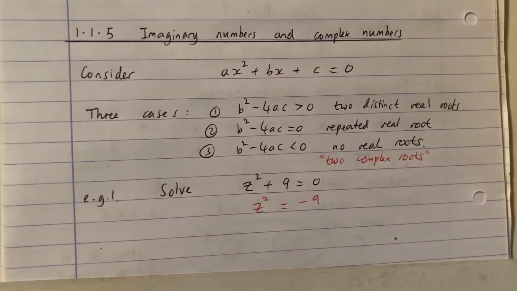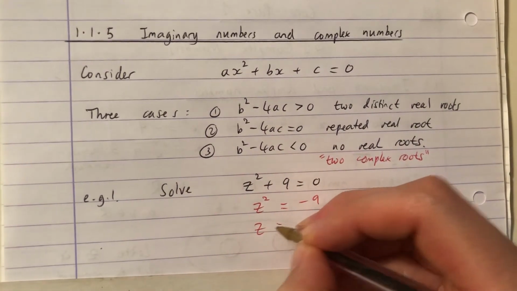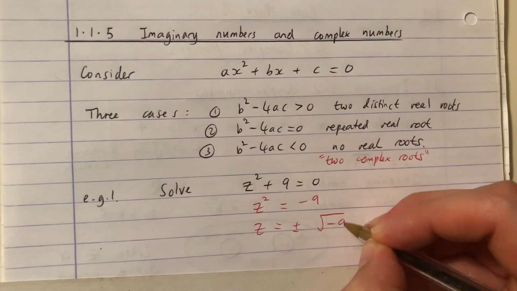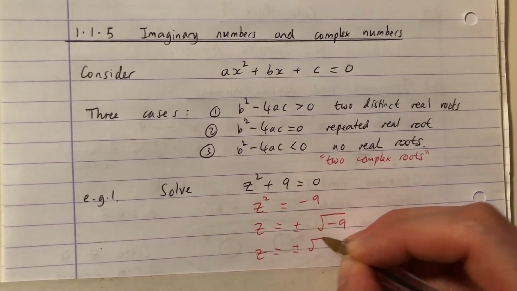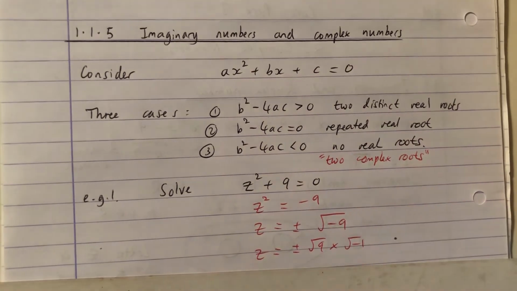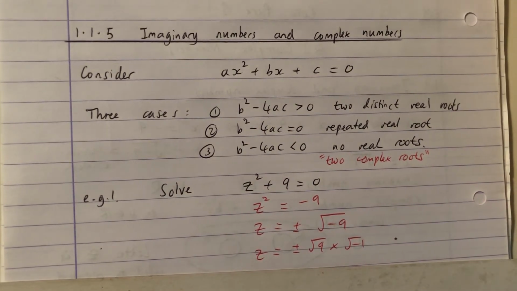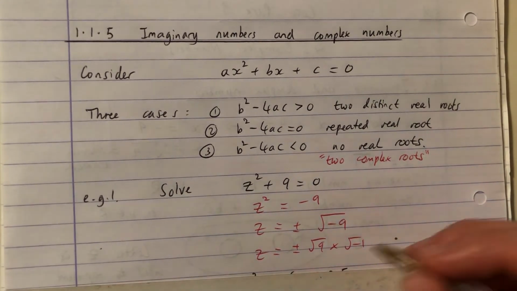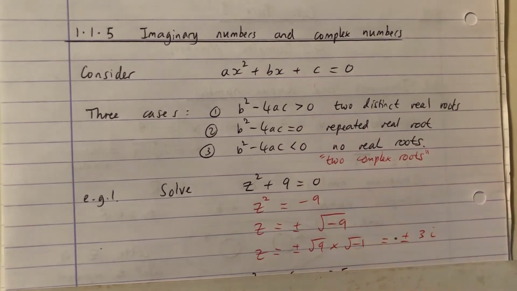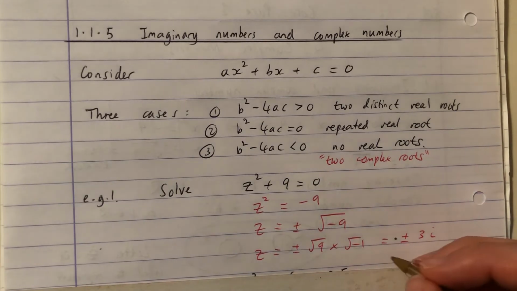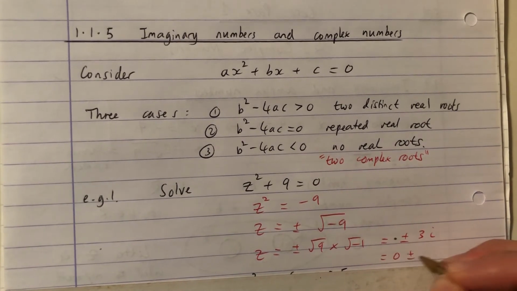Solve the equation using the same techniques as before. Make z the subject. Square root, you get 2 answers. Rather than saying math error though, you say it's the same as plus or minus root 9 times root negative 1, which is plus or minus 3i. Or if you prefer, 0 plus or minus 3i.